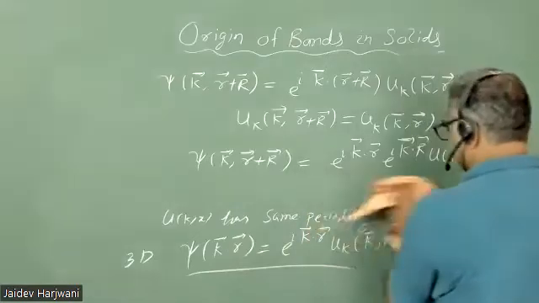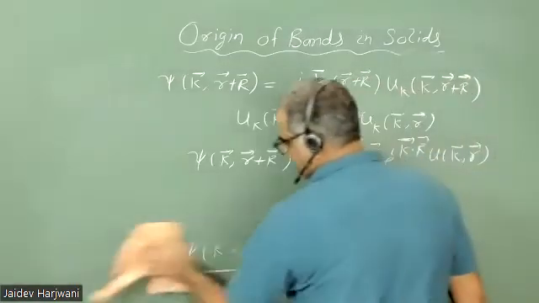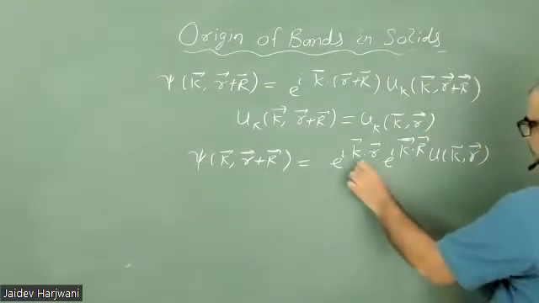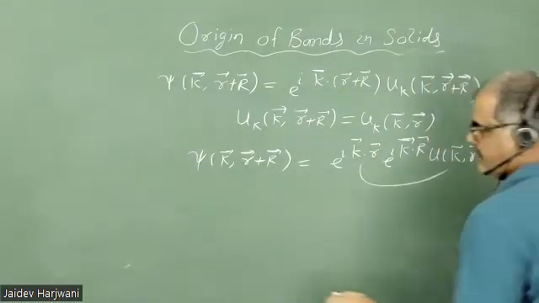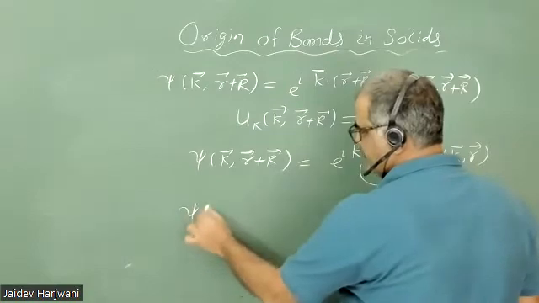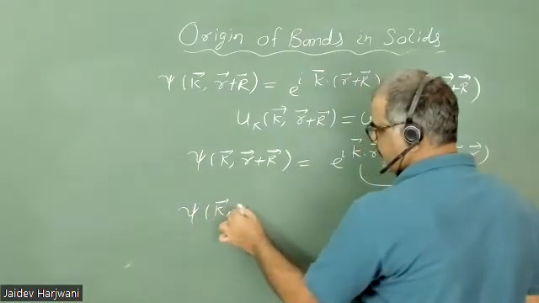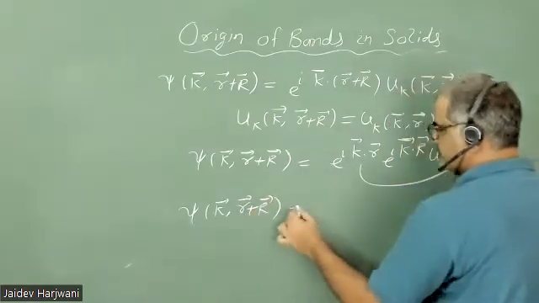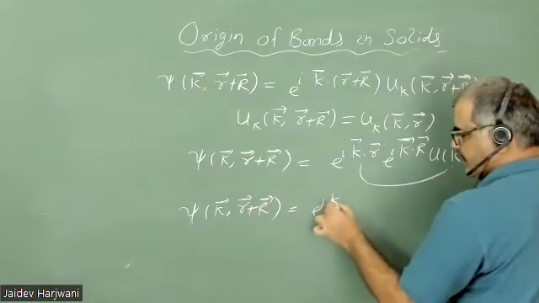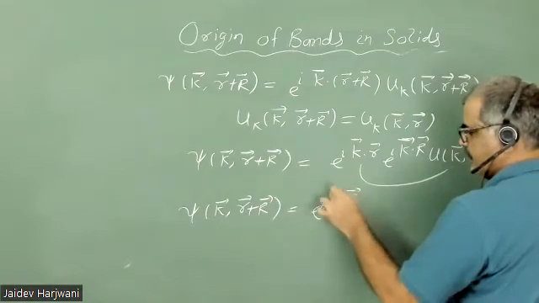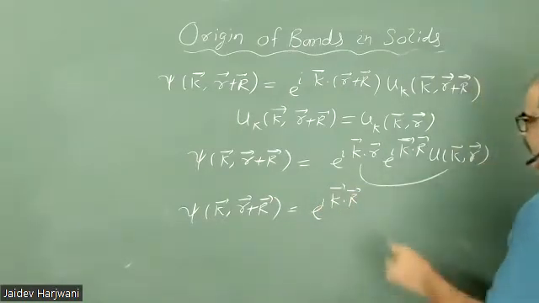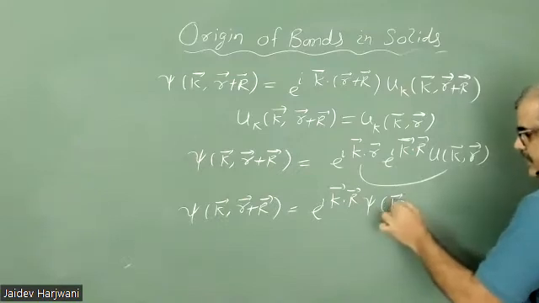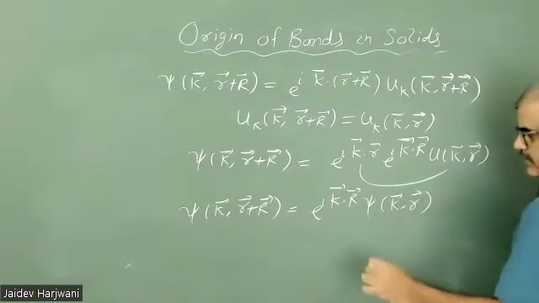Now if I further combine these, I can write psi_k(r + R) equals e^(iota k dot R) times psi_k(r).